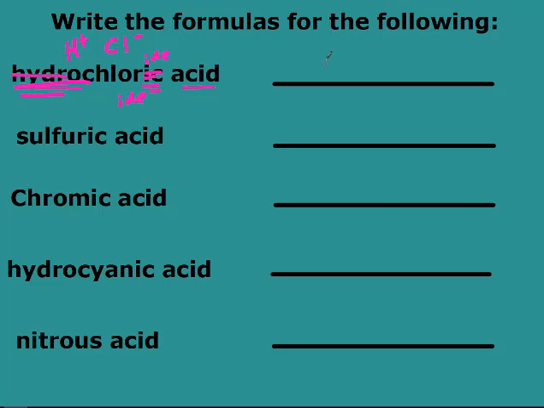Well, those cancel, so it's just going to be HCl. One more, if it was ic acid, well, I know it starts with hydrogen, and then ic came from ATE. So sulfate was SO4 with a -2 charge. So I need 2 hydrogens in front to cancel out a -2.